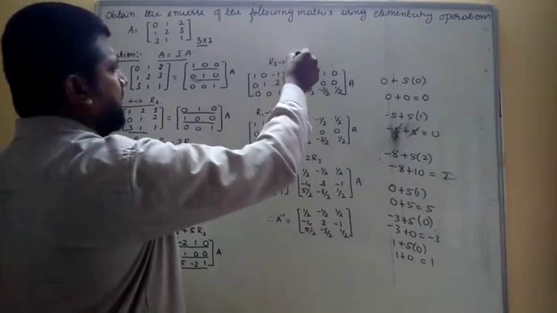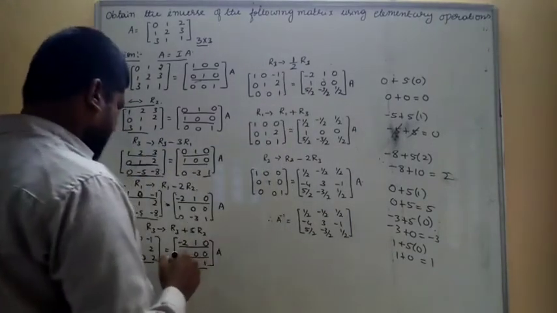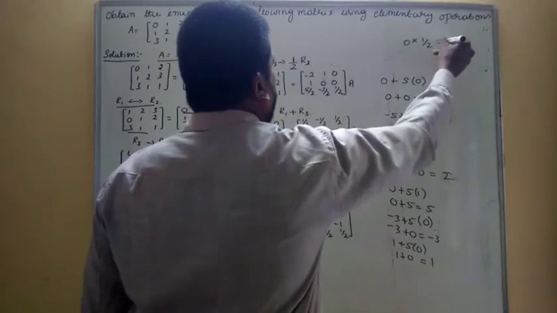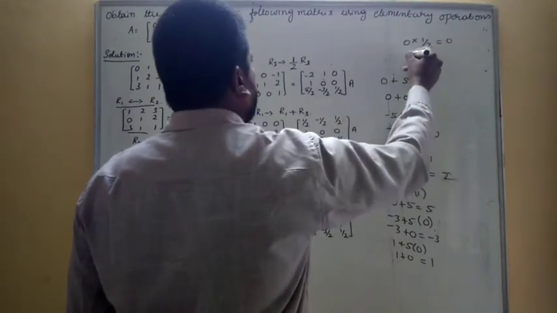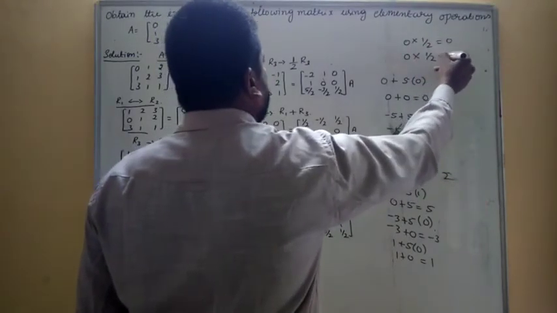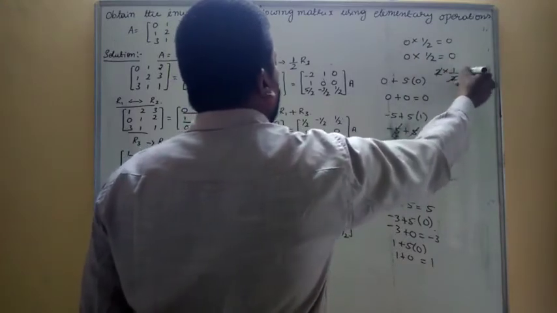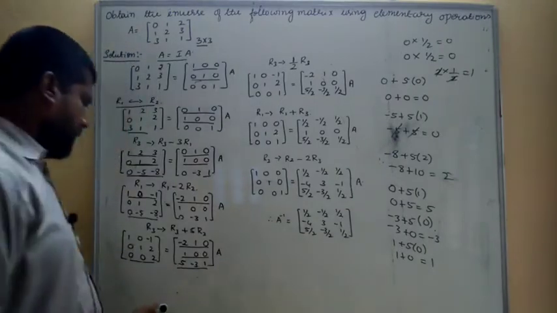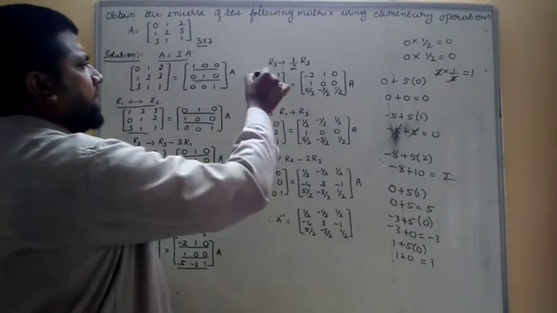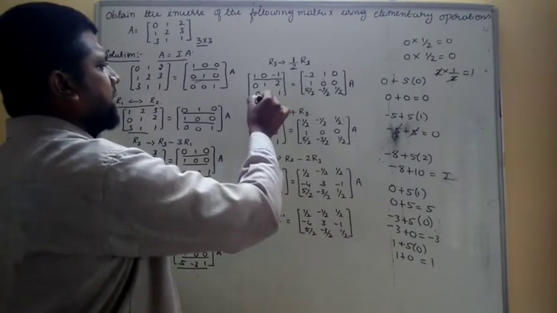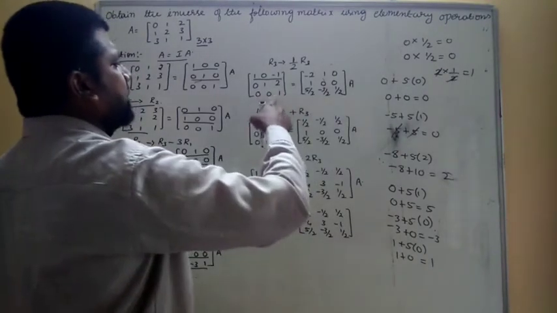If you multiply, 0 into 1 by 2 is 0, then the third row third element, 0 into 1 by 2 is 0, then 2 into 1 by 2 is 1. So we got the 1 here. So we write the first row as it is, 1, 0, minus 1, and second row 0, 1, 2. Then third row, if you multiply, we will get 0, 0, 1.